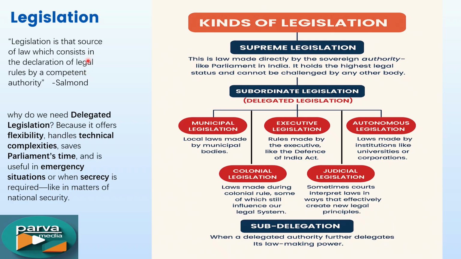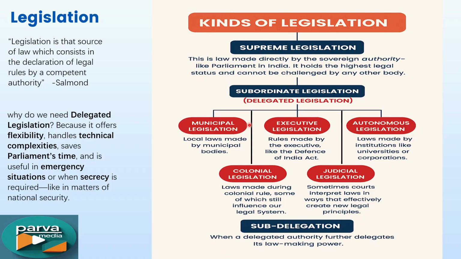In simple terms, it's a law made by those who are officially empowered to do so. Who are empowered to make the law? Elected members of the parliament or a legislature, typically called legislatures. Now let us look into the kinds of legislation. Legislation can be supreme legislation, subordinate legislation, and sub-delegation.